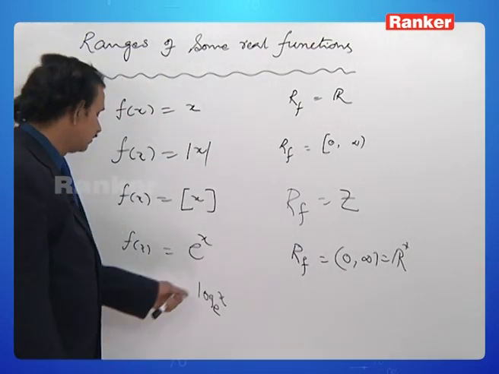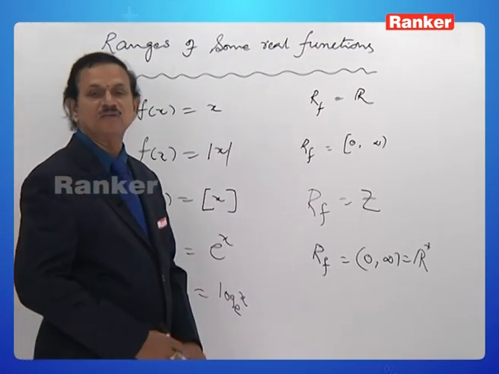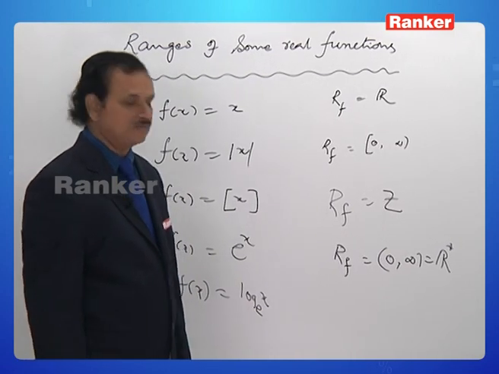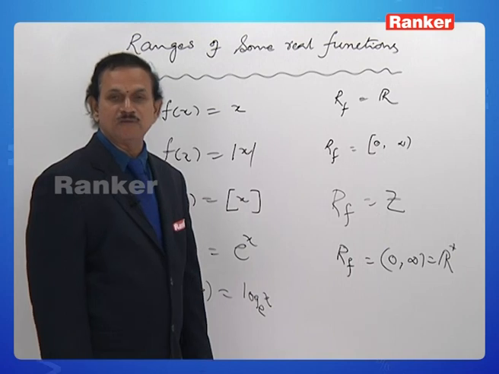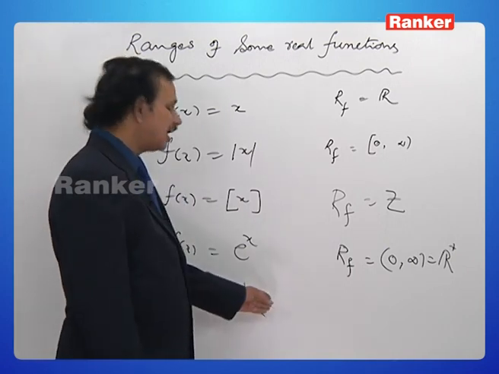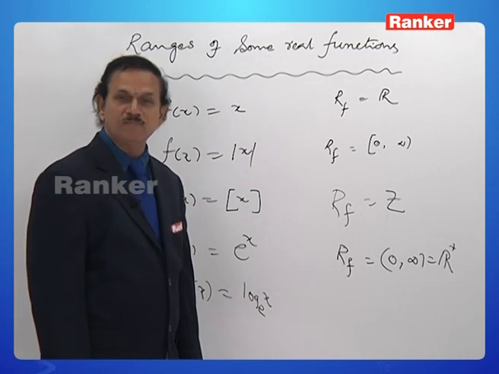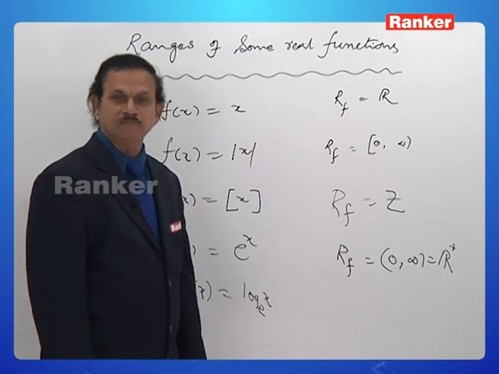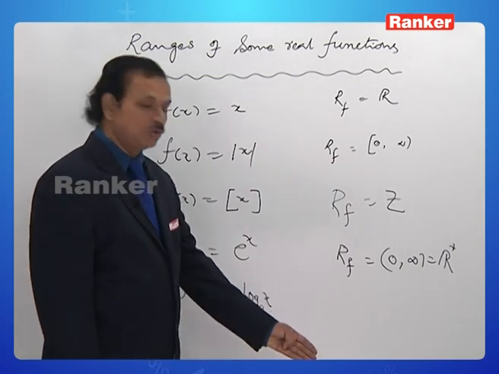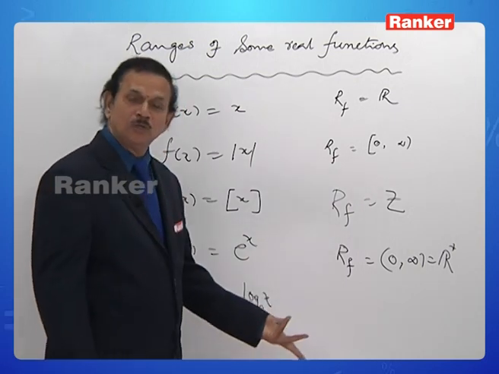f of e, log e to the base e becomes 1. f of 1, log 1 to the base e, 0. f of half, log 1 minus log 2, negative. f of e square, log e square to the base e, 2.